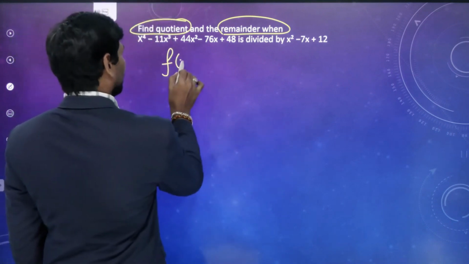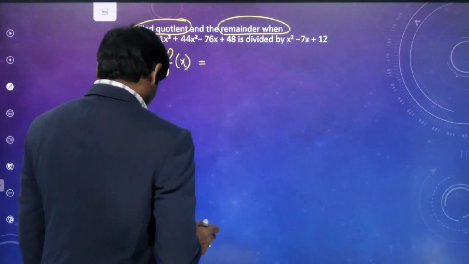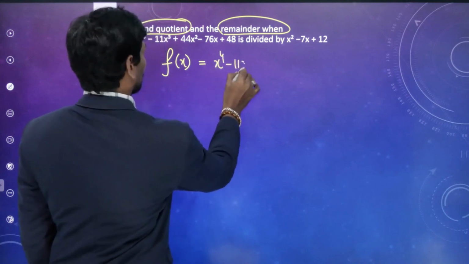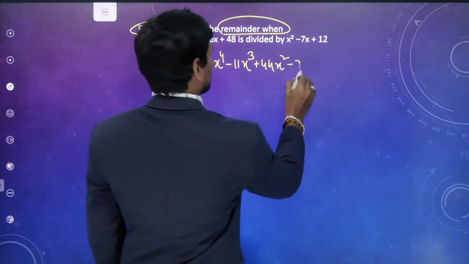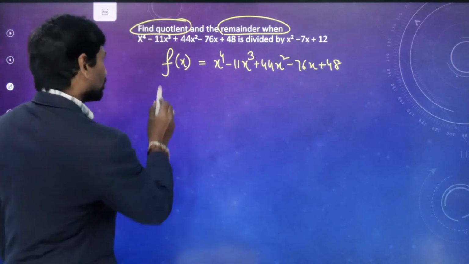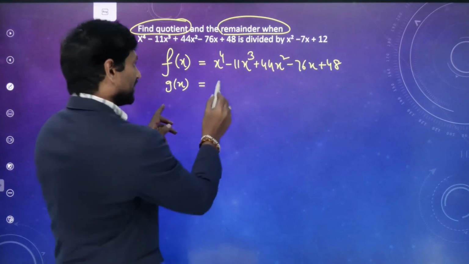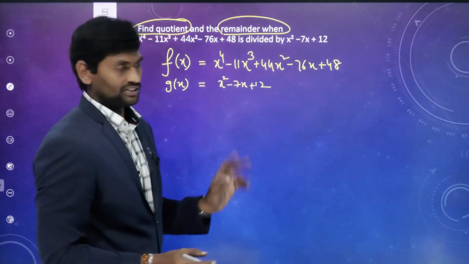First, I am taking the given polynomial f of x, which is x to the power 4 minus 11x cube plus 44x square minus 76x plus 48. And let us take the quadratic polynomial g of x. It is x square minus 7x plus 12. Let us find the factors for this first.